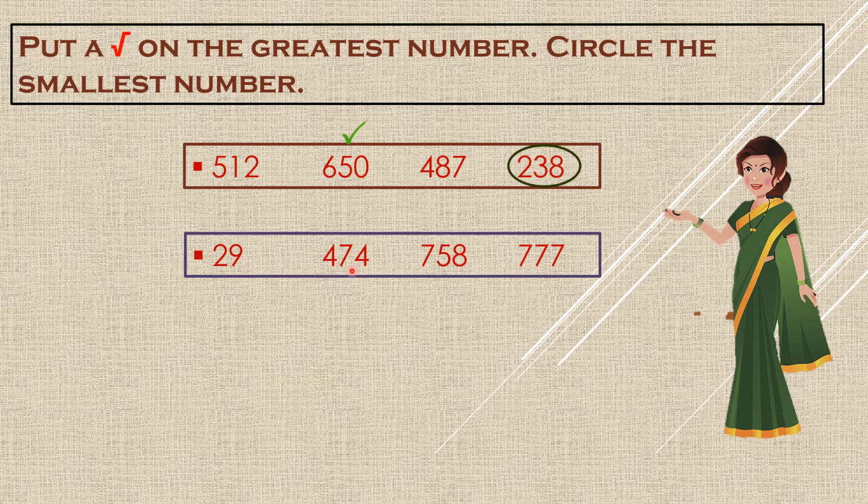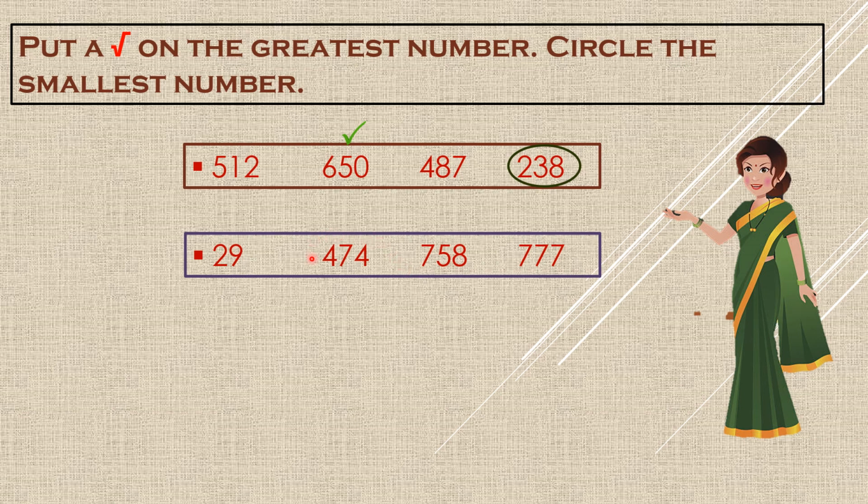29, 474, 758, 777. Now first let's see the greatest number. 29. It's a 2-digit number. All the others are 3-digit numbers. So from these 3-digit numbers we need to find out which is greater. Let's see the hundreds digit. 4, 7, 7. 4 is smaller than 7.